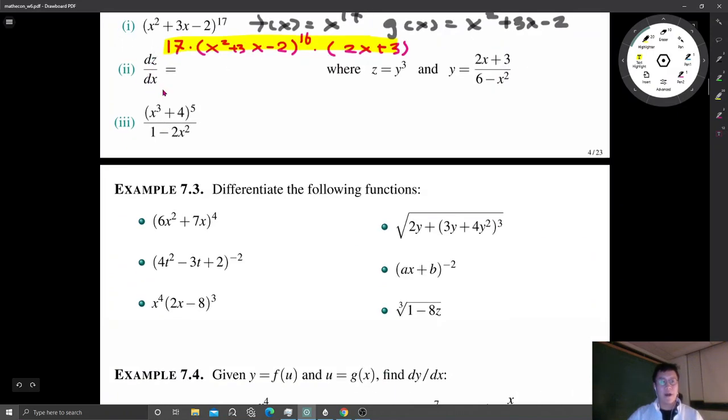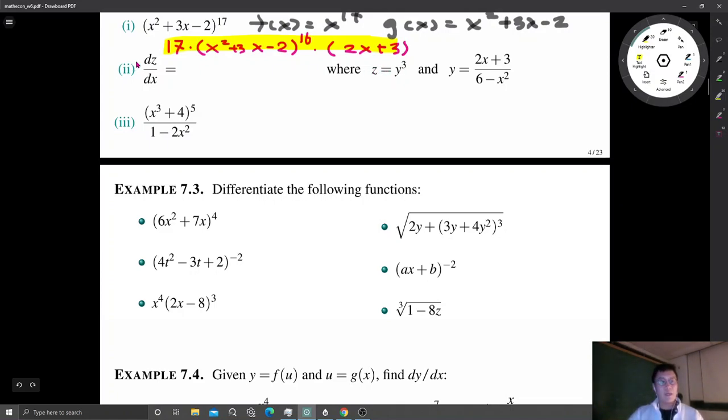And for the second example, we are asked to find dz over dx, where z is given by a function of y, and y is a function of x. So x is the original input, y is the intermediate input, and z is the final output.